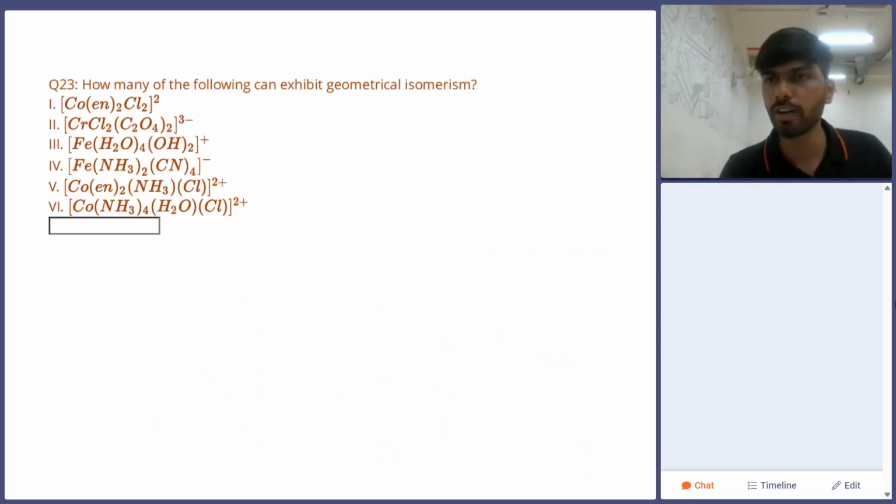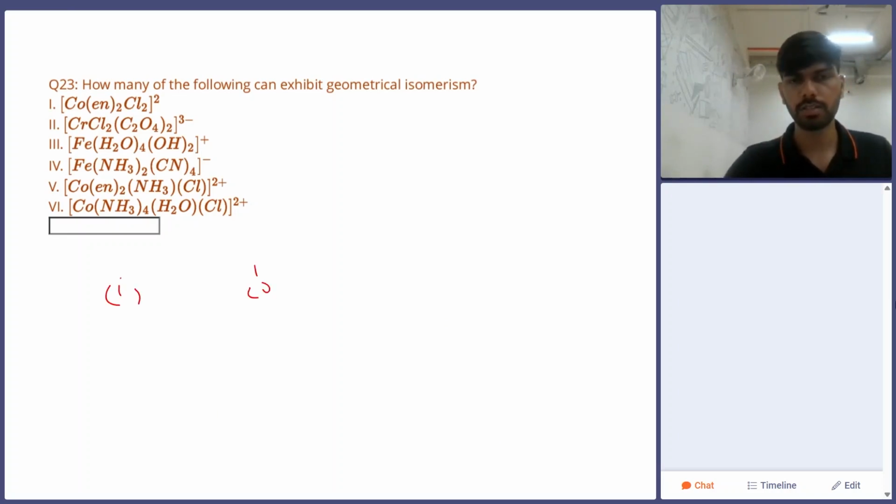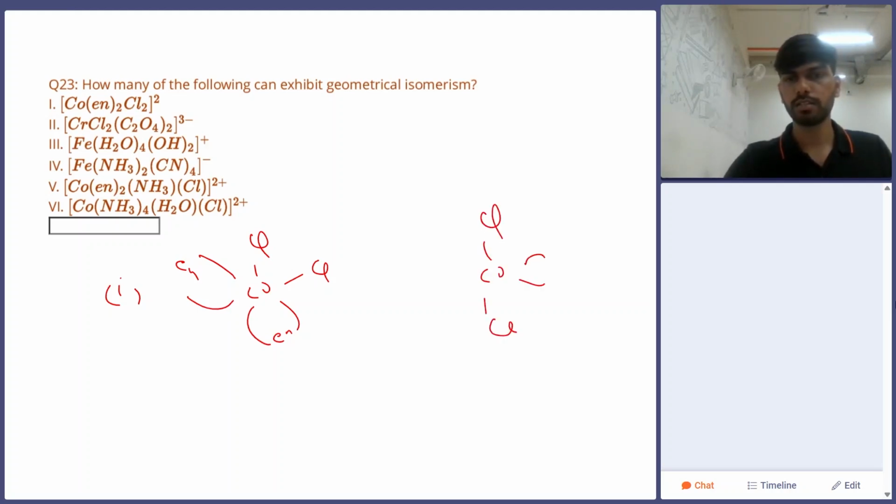Next question. How many of the following can exhibit geometrical isomerism? If you look very carefully, I'll draw the structures. First one, that is Co(en)2Cl2. This is the cis form, and this is trans.